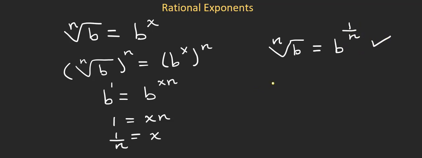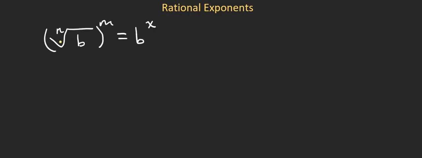So for example, let's say you have a fifth root of b, then that will be the same thing as b to the 1/5. What if you have the nth root of b raised to the m power? How do you write that in rational exponent?